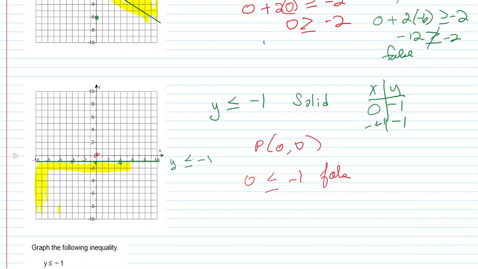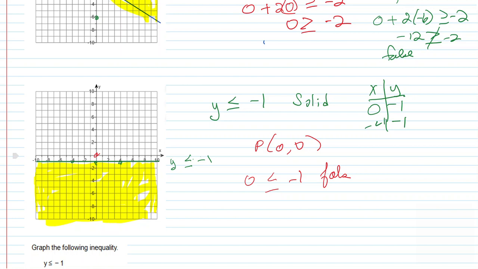So we're going to shade everything below, and the program will let you do that easily. So long as you tell it where to shade on the line, it'll work. I have some residue left. I'm sorry about that.